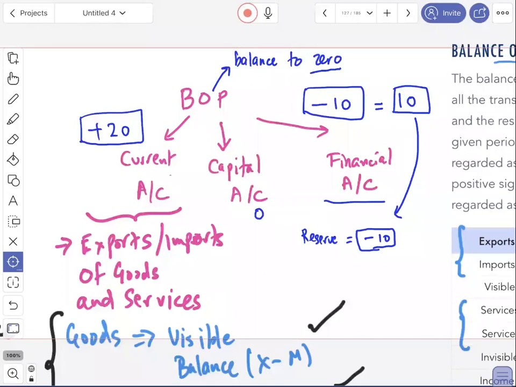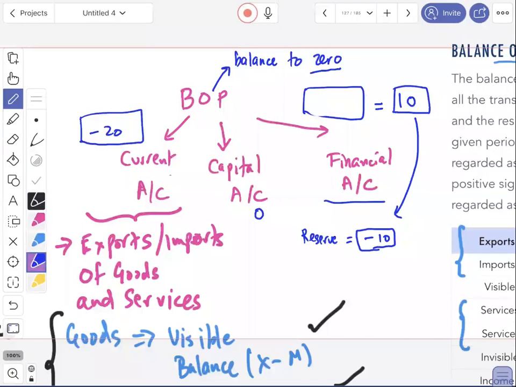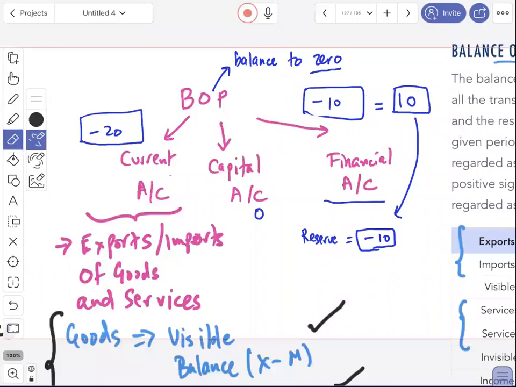Let me do another example. Let's say this was not plus 20, let's say this was minus 20. Okay. And let's say this was minus 10. Now what's my balance figure, guys? What's my balance figure? Minus 20 plus 0 minus 10 equals to exactly minus 30.